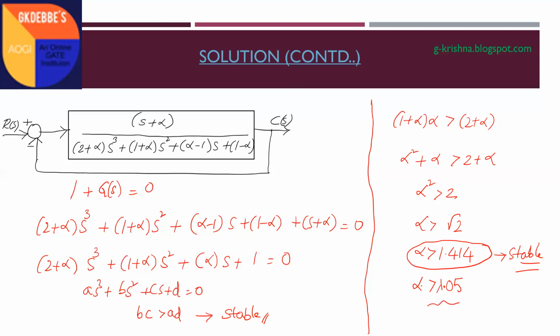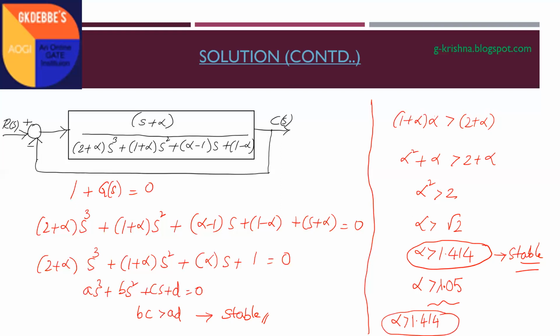From both conditions, to meet closed loop stability as well as steady state error less than or equal to 0.05, alpha should obviously be greater than 1.414.